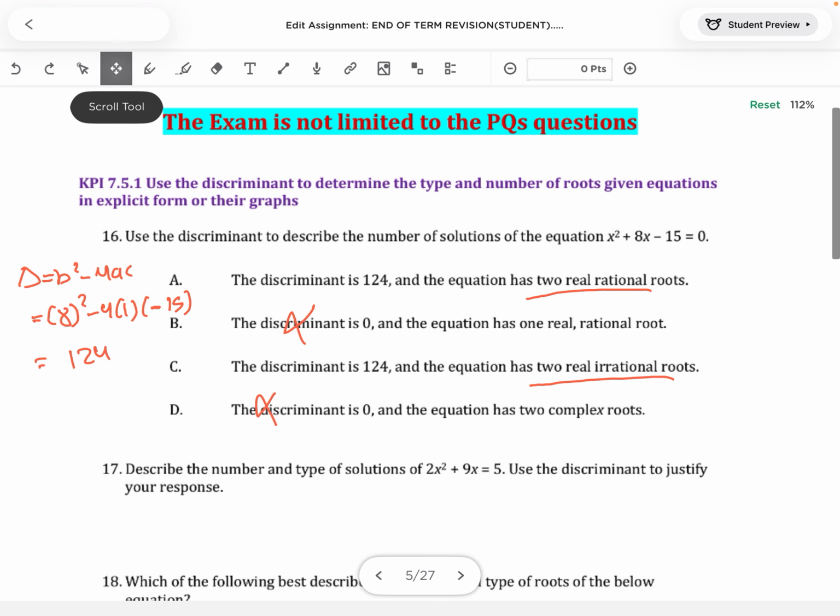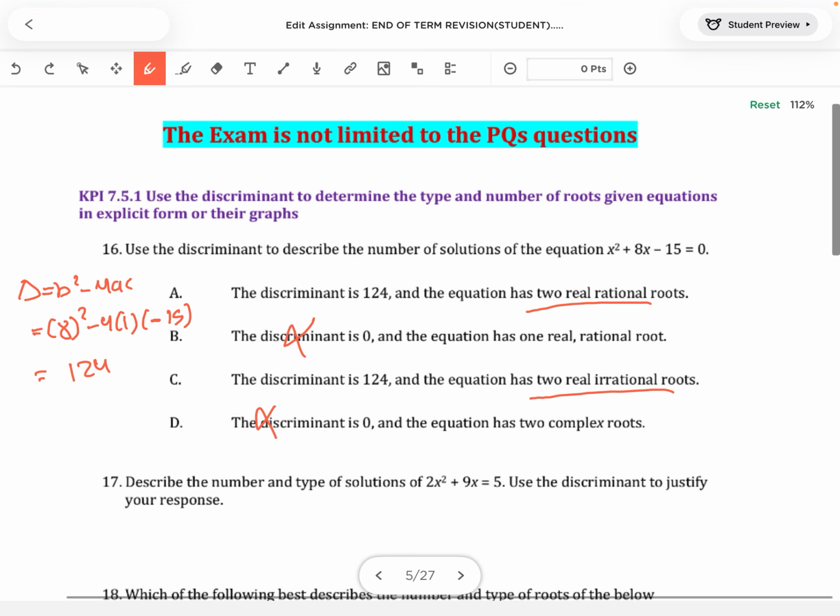How would I know? I will work on the equation itself, mod 5-3. I will get x equals something plus radical 31, minus radical 31.